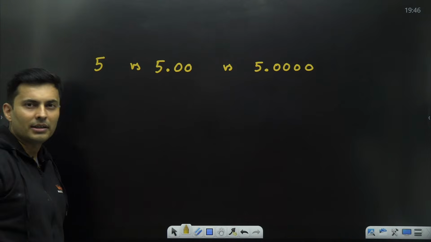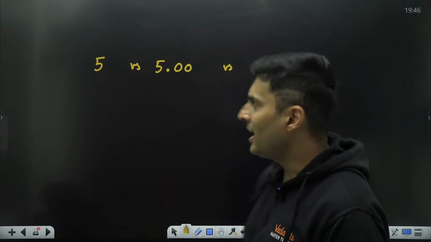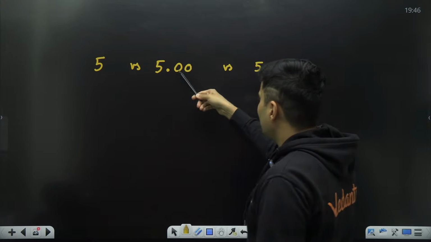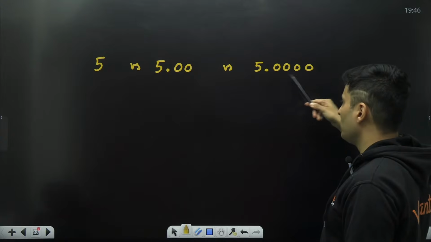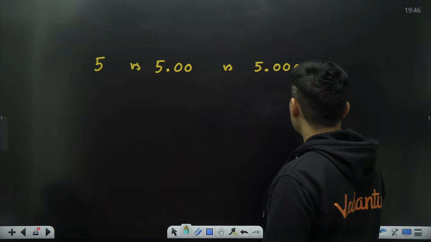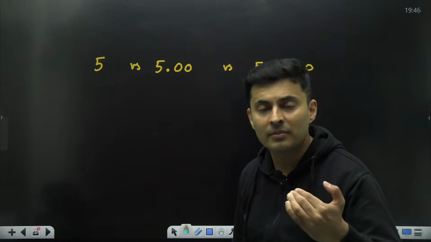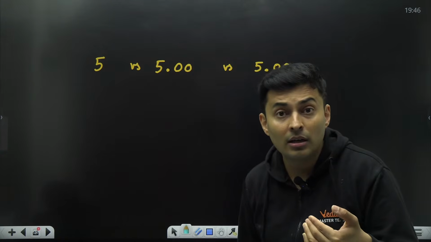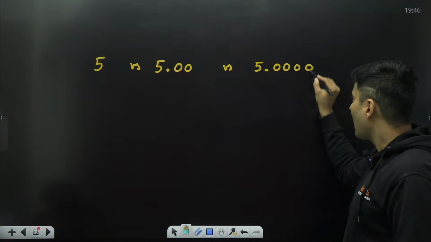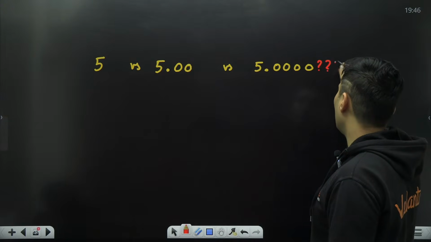Who is more accurate? Who is having less error? As you can see, 5 is same in value as 5.00, same in value as 5.000. But understand, because I have gone to more decimal places, that means I have taken the effort to find out what is the value till this place. After this is questionable. After this, I do not know what might come.